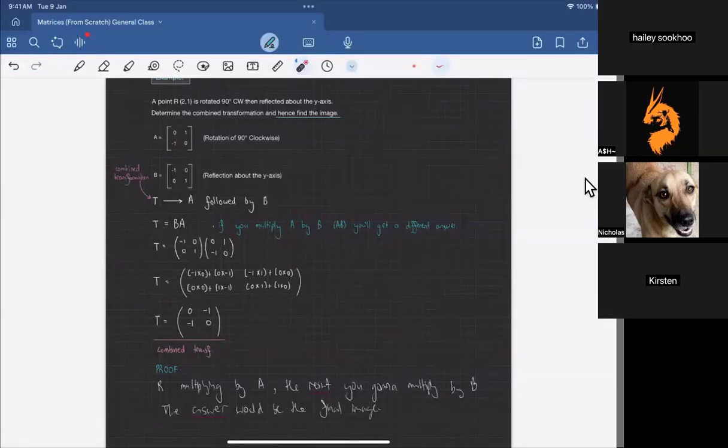When I multiply A R by B, I can see the answer. Yeah, it's -1, -2. If you didn't get -1, -2, something is wrong. Somebody is working on it.